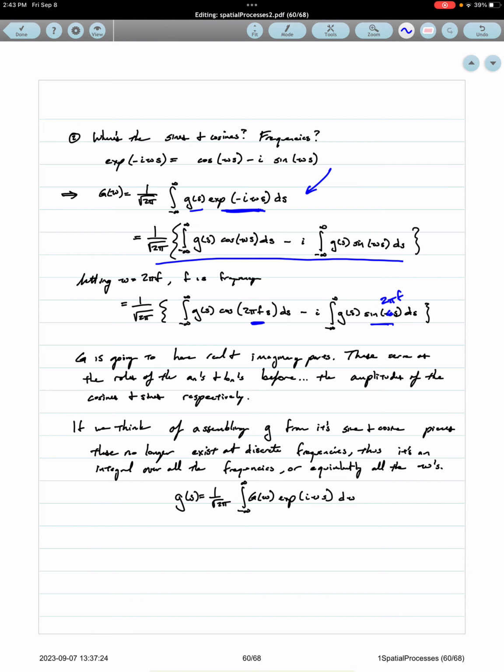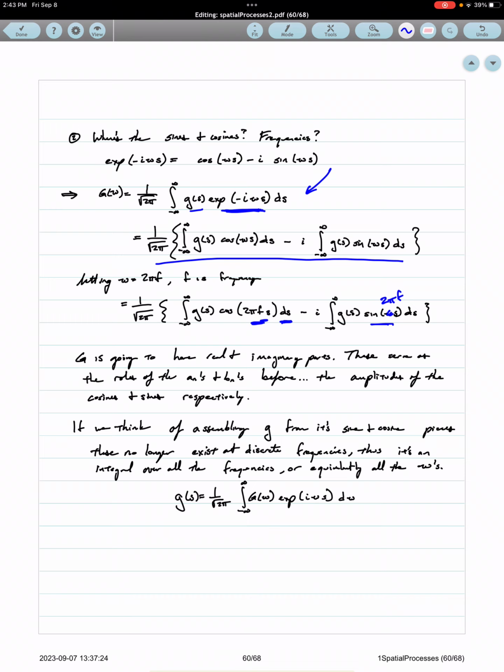This looks similar. If you pause for just a second, we're integrating these things, so we don't have a sum of cosine pieces and a sum of sine pieces at different frequencies. Instead, we're really integrating over all possible frequencies.